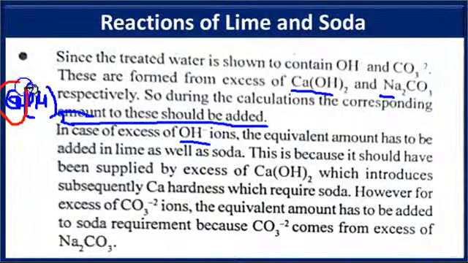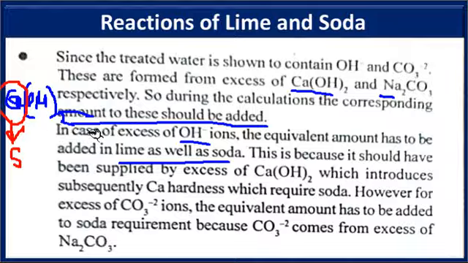Calcium is also generated. So for removal of this permanent calcium hardness, soda is also to be added. So whenever excess OH minus ions are present in the treated water, the equivalent amount is to be added in the lime as well as the soda.